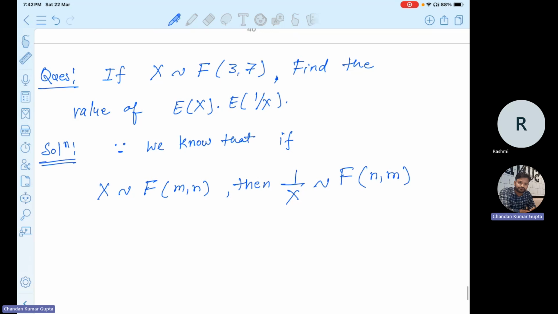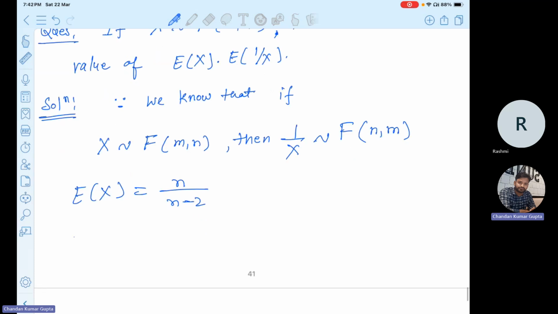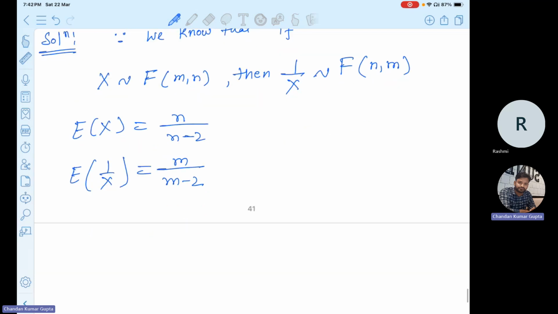Let me write in general form first. Expected value of x: if x follows F(m,n), then the expected value of x is n upon n minus 2. And the expected value of 1 by x is m upon m minus 2. Okay, this is the general formula.